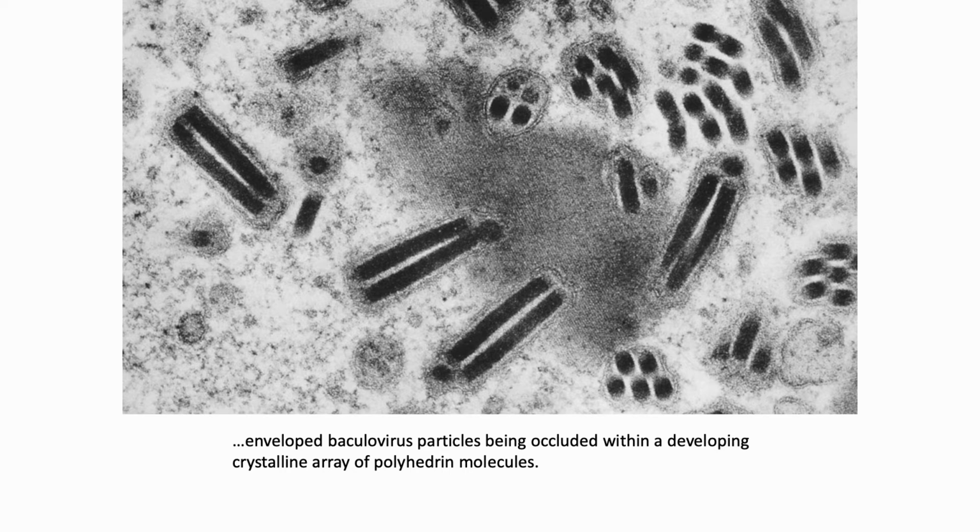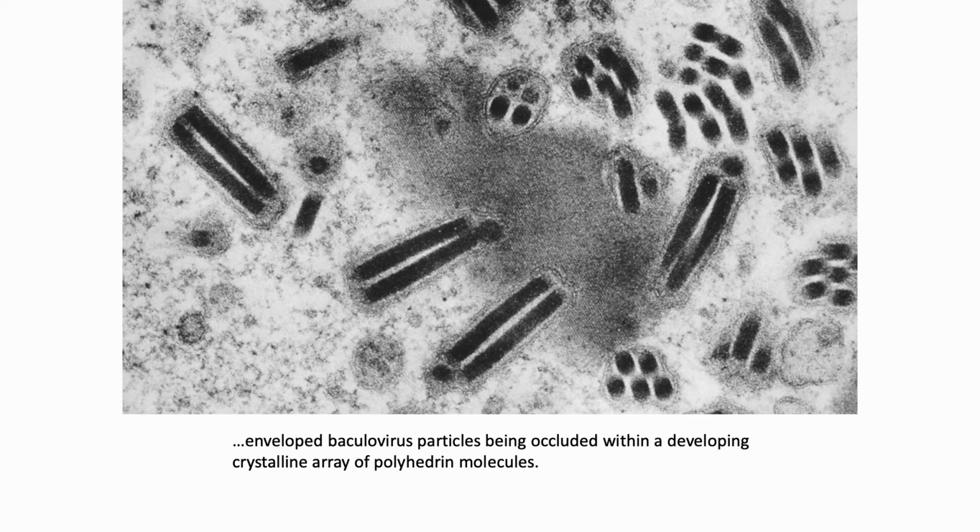So you'll note that this virus has an envelope, right? So if you wanted to spray this virus over a crop or a forest against some pest insect, you would probably apply it from an airplane, and you would probably force the virus out at high speed through a nozzle. Well, that's going to kill the virus, because the shear forces will strip the membrane off the virus and inactivate it.